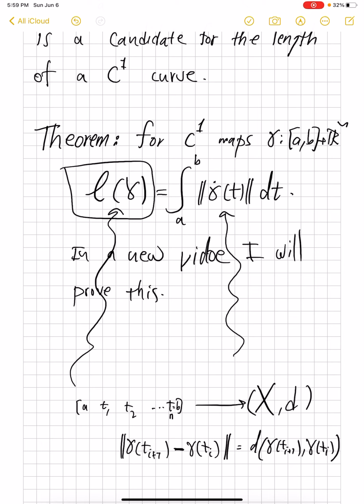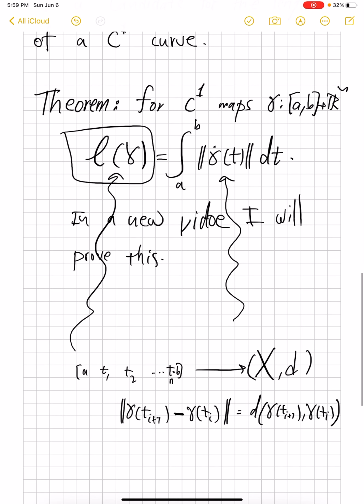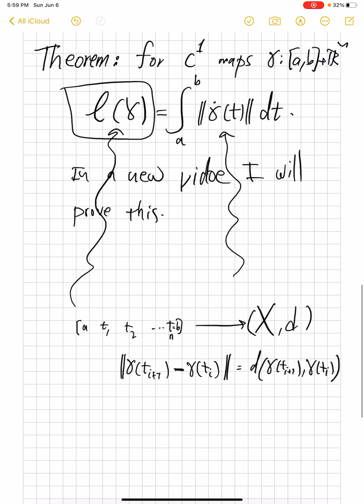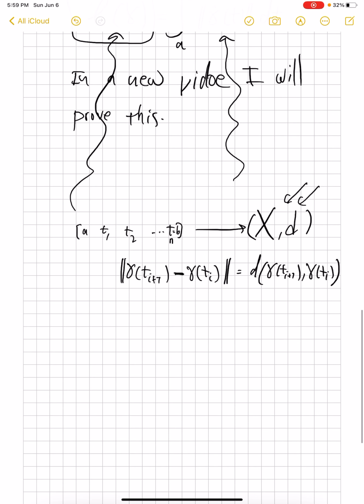And that emphasizes how basic this definition is and how little structure it requires on your target space so that you can make this definition meaningful. So the length of curves does have meaning for curves in any metric space, and they are really important objects in the study of metric spaces.